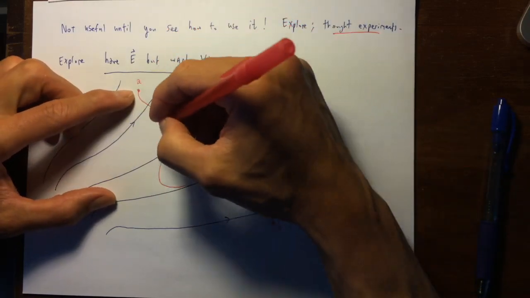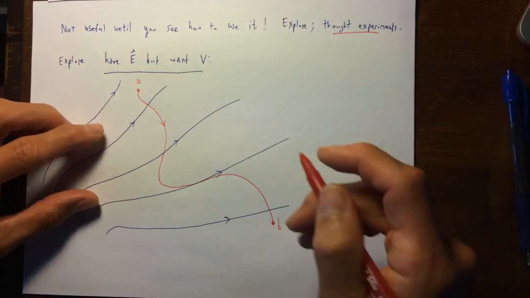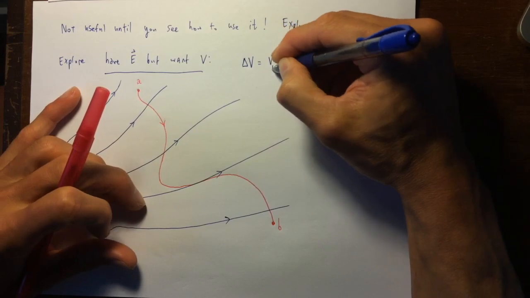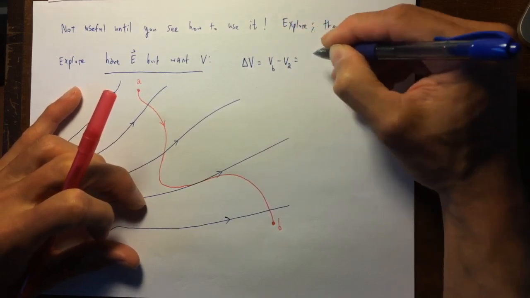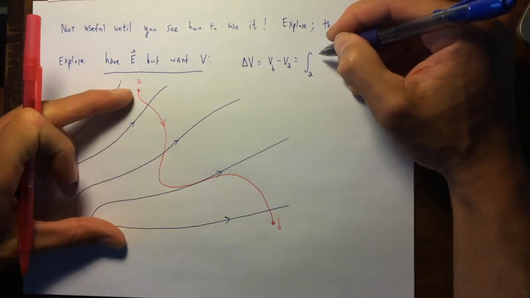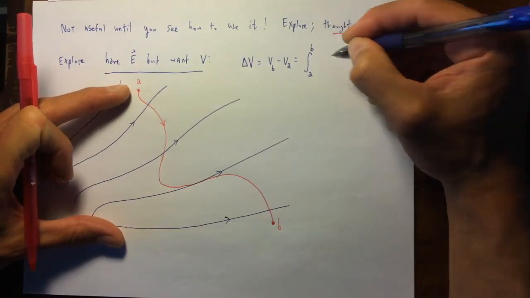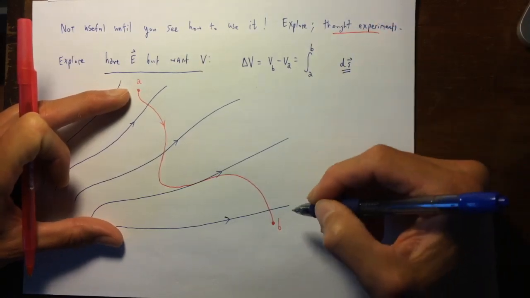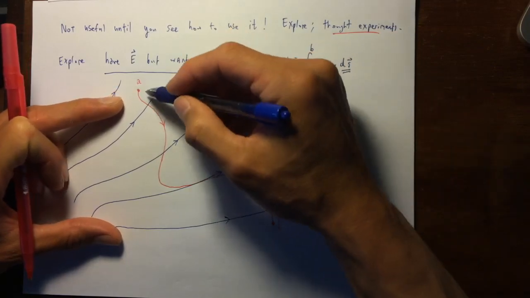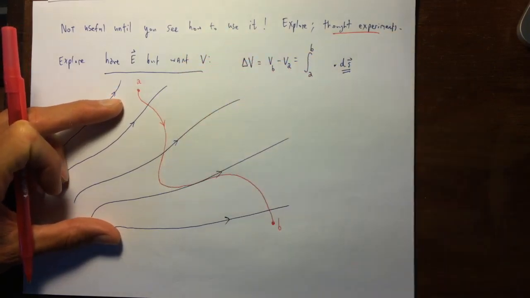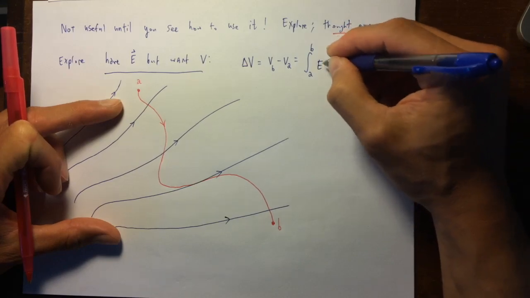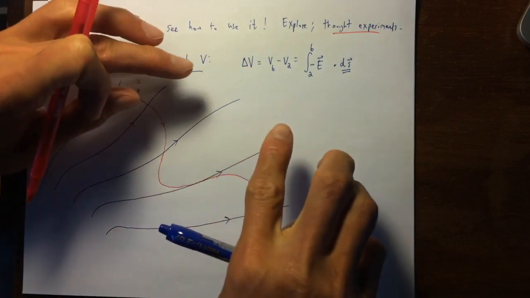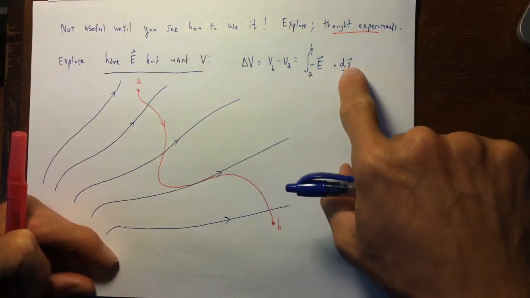We start at A and go to B. So the idea is delta V, which is VB minus VA, is the integral starting at the coordinate A, whatever XYZA is, finishing at the coordinate B. But you have to figure out how to parameterize your path with these little ds vectors that are going to walk us along the path, get us from A all the way to B. And we're going to think about, with a minus sign, the electric field, which is represented by the field line diagram, as we walk along the path.